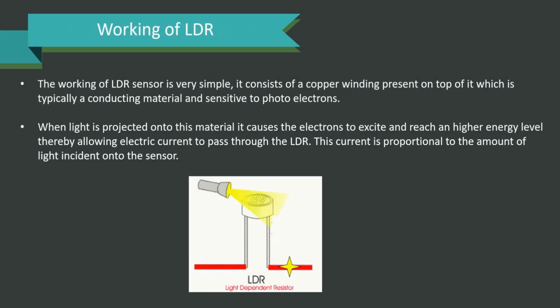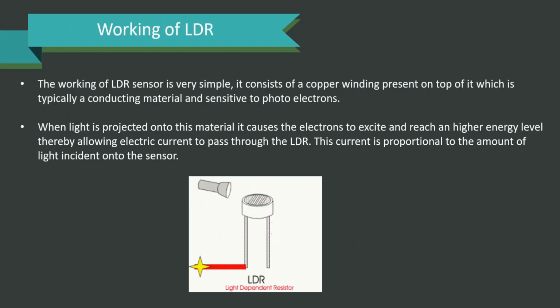Before we go into the implementation, we need to understand how exactly LDR works. The working of LDR is very simple. It consists of a copper winding present on the top of it, which is typically a conducting material and sensitive to photoelectrons.